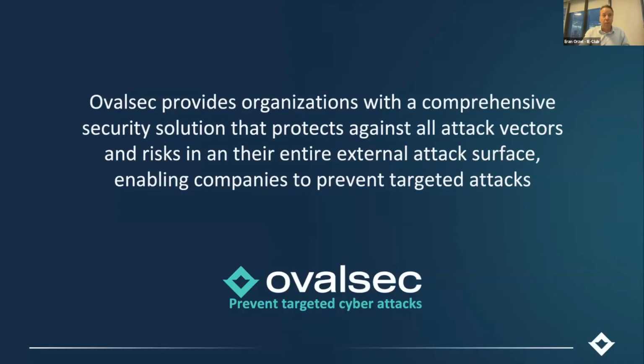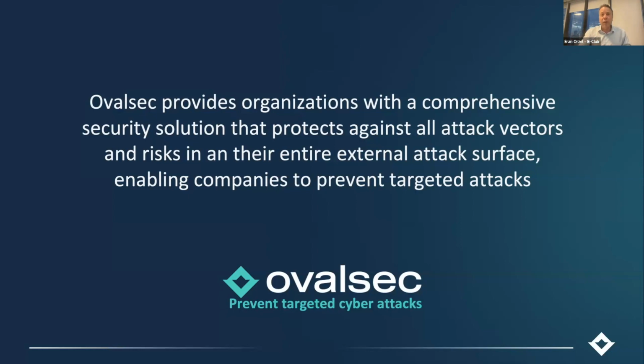Now, moving to OvalSec, our mission is to help organizations protect their entire external attack surface holistically, enabling them to prevent targeted attacks. And the reason this is so important is because targeted attacks are responsible for the highest risks to organizations and highest damage among all other types of attacks.